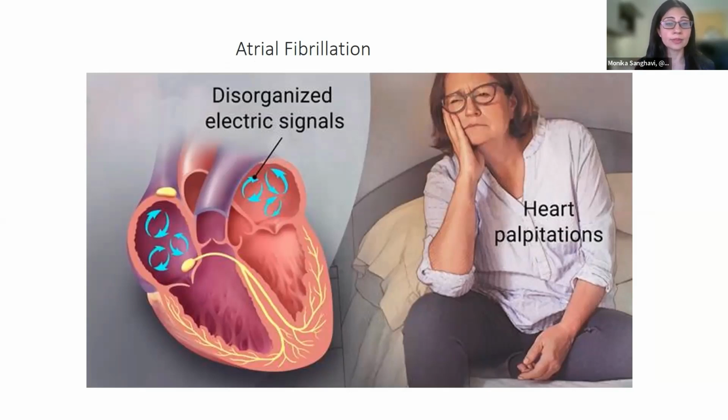So normally the heart is very rhythmic. The top chambers pump, the bottom chambers pump. Top, bottom is very rhythmic. What happens in atrial fibrillation is you have a disorganized signal that makes the heart beat really fast and can cause people to feel their heart racing, can cause shortness of breath, and can actually cause weakening of the heart muscle.